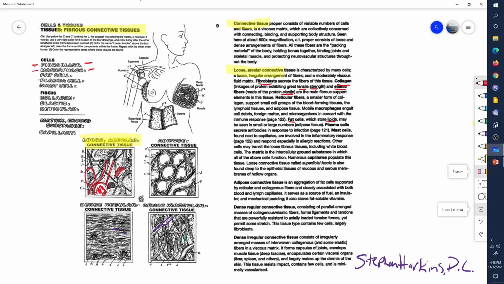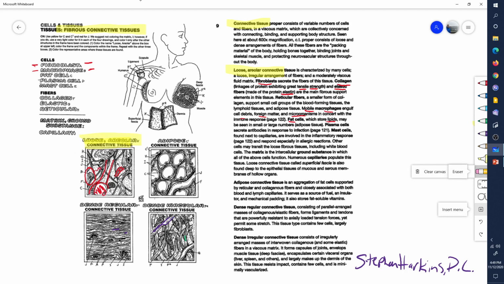He runs around this matrix in the connective tissue and eats up all the debris, all the trash. Here is our description: mobile macrophages engulf cell debris, foreign matter, and microorganisms. Anything that tries to invade you, it's part of the immune system. This guy will move around and eat it up.